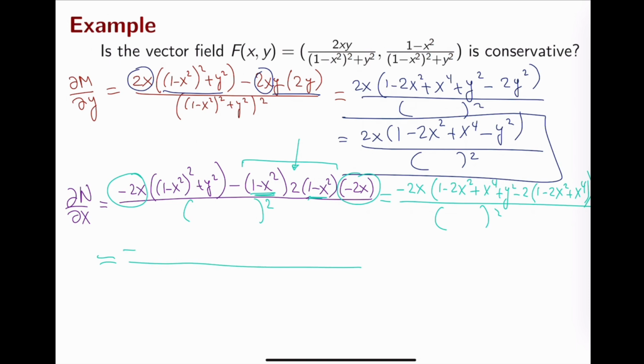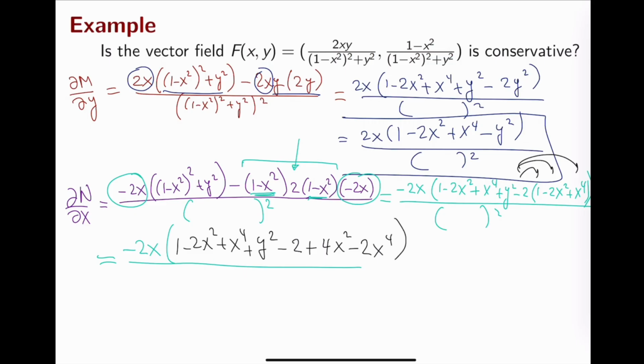Let's continue this operation here. So we're going to have here the minus 2x outside, and let's continue. Let's eliminate this parenthesis now. And now I'm going to multiply the 2 by all that. So that will be minus 2 plus 4x squared minus 2x to the 4.